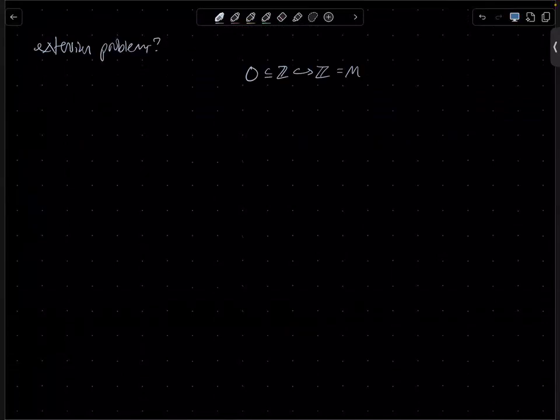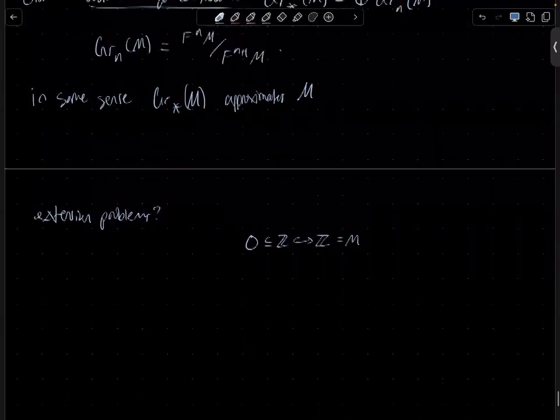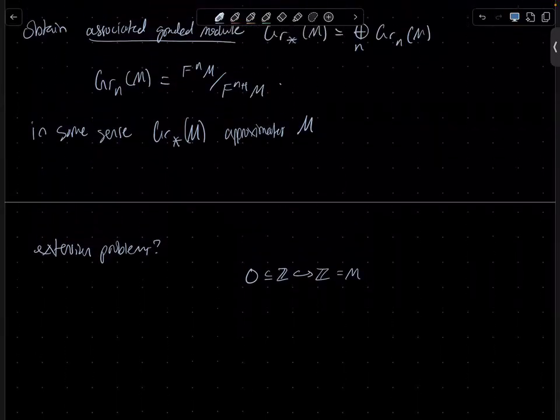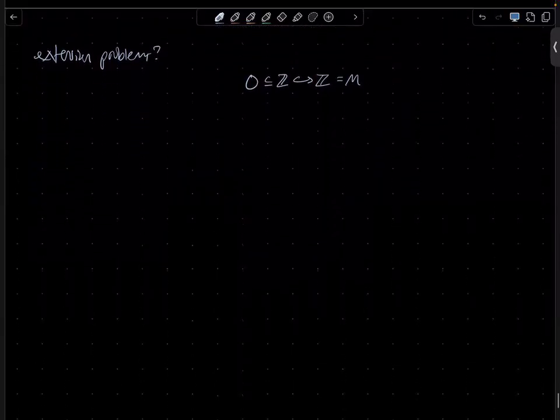So if I calculate the graded pieces, what are these? I want the pieces of the associated graded module, the gr^n M. I'll just write what I should have, and then I'll write the isomorphism down.